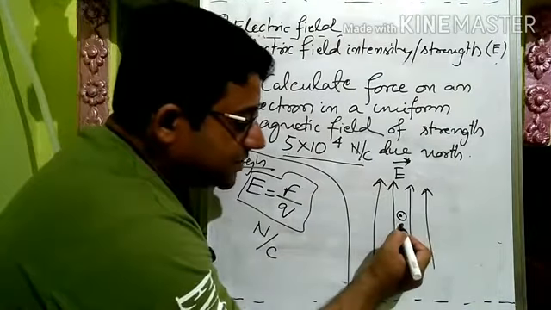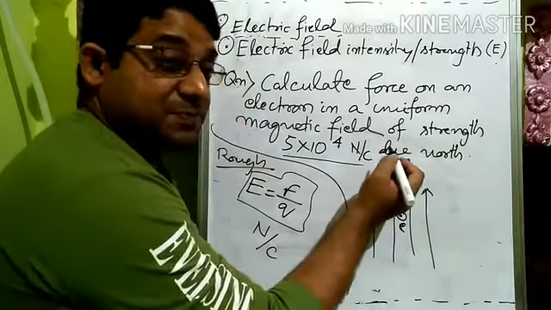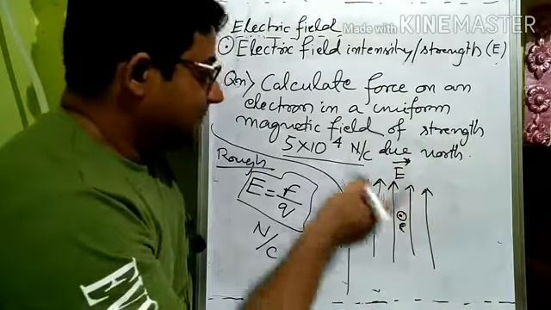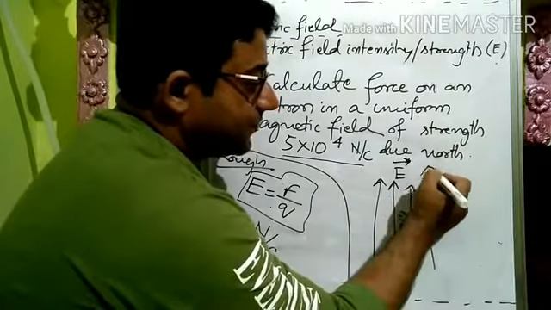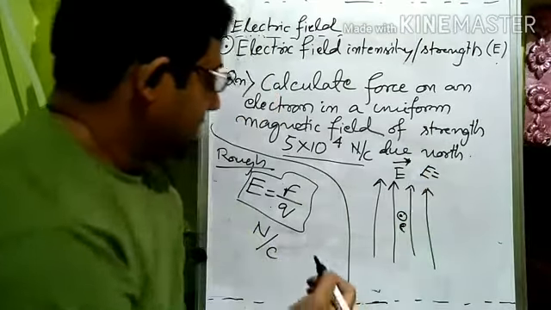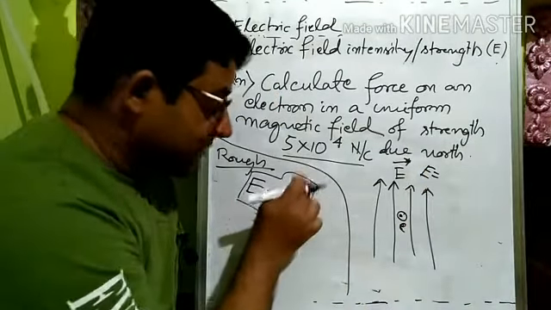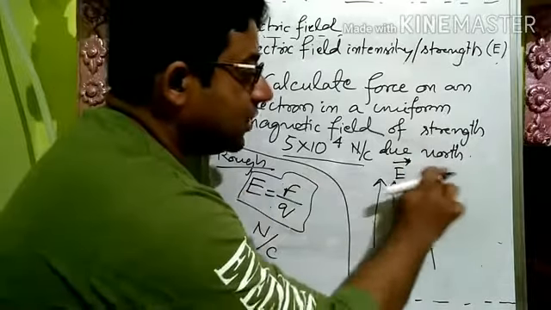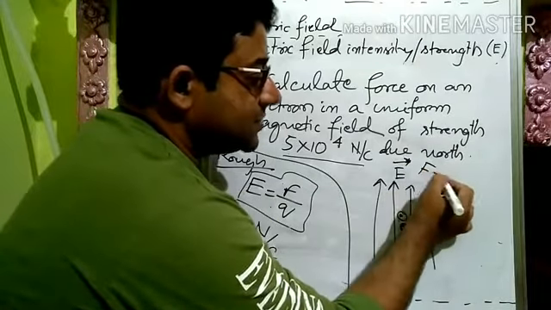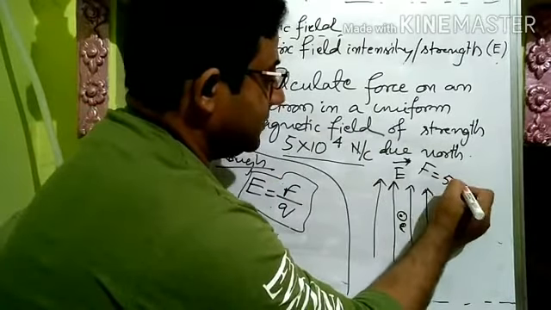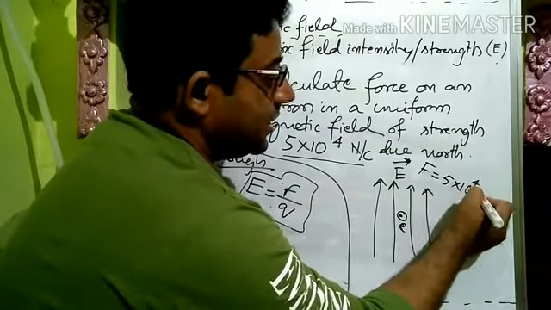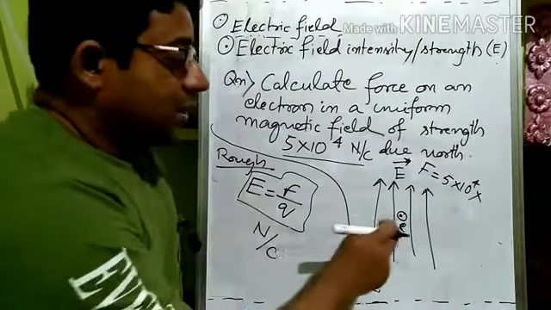So if an electron is placed, we can calculate the force. E is equal to F by Q simply, so F is equal to EQ. What is the force we are calculating? F is equal to EQ. E is given in the question, 5 into 10 to the power 4, multiplied by Q. What is Q? It is the charge.